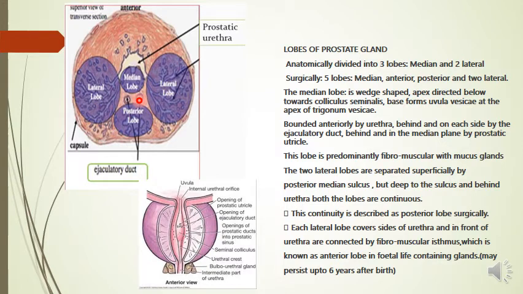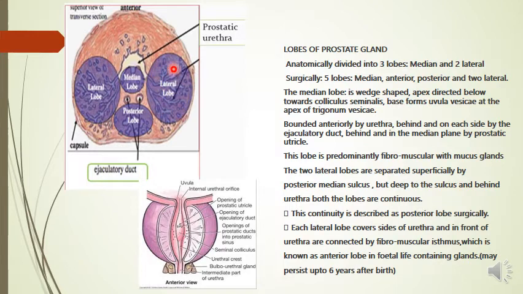Another thing that we will see is the prostatic utricle, which is not seen here. And this lobe is predominantly fibromuscular with mucus glands.